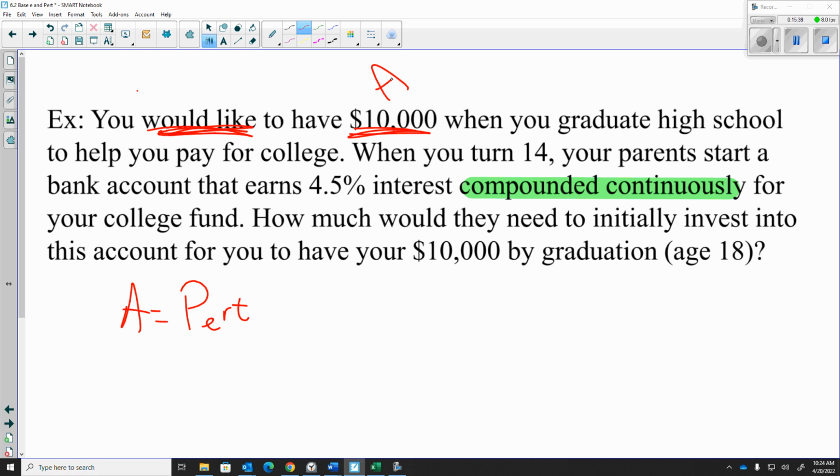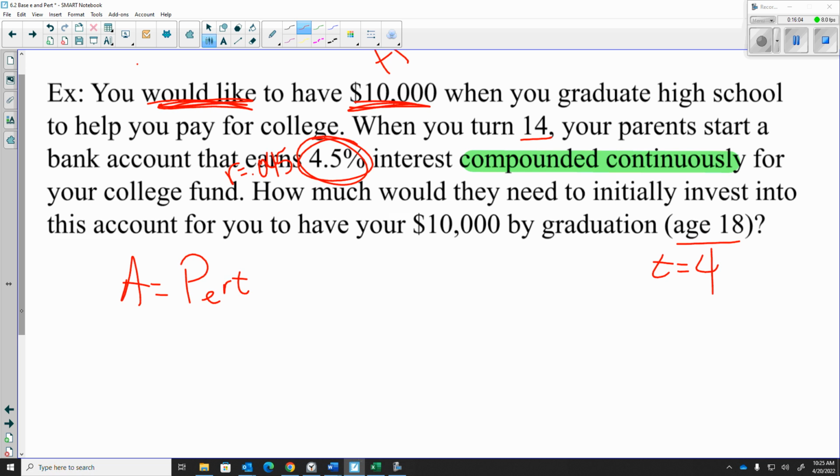You have the rate. So it's got to be 0.045, right? You have the time. What's the time? How do you know it's 4 years? Yep. So it started when it's 14. You want to cash it out when you're 18. That's 4 years later.